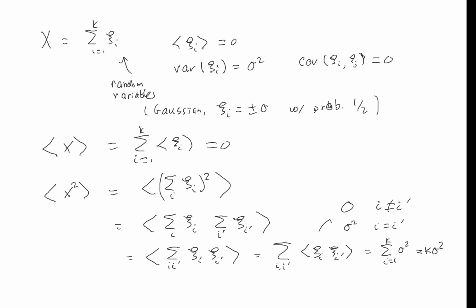Okay. So the average value of x squared is k sigma squared.